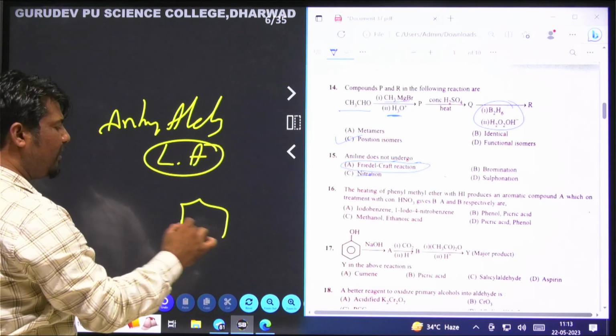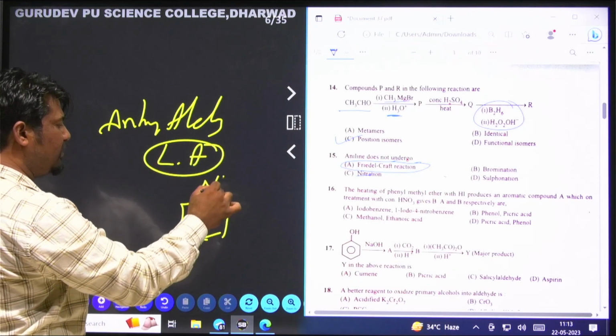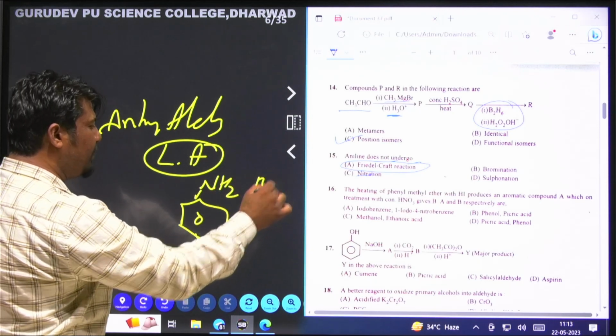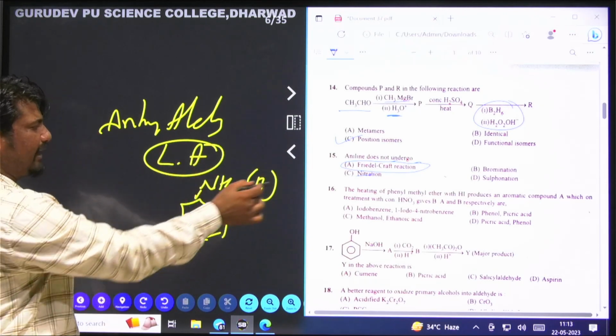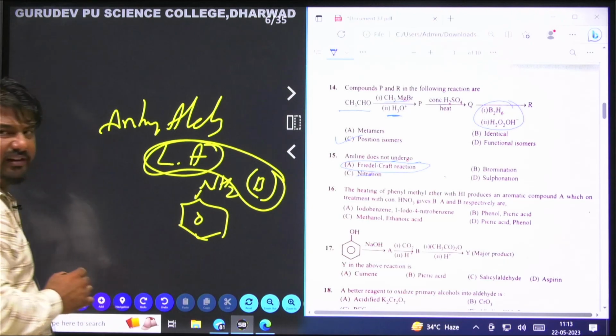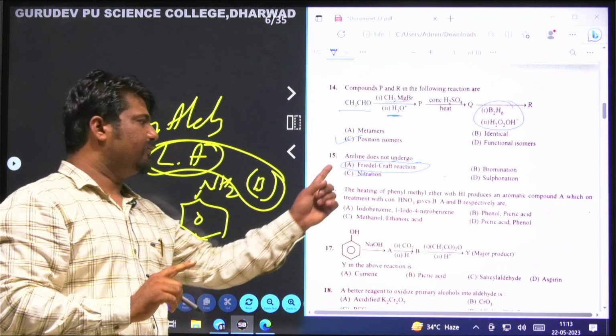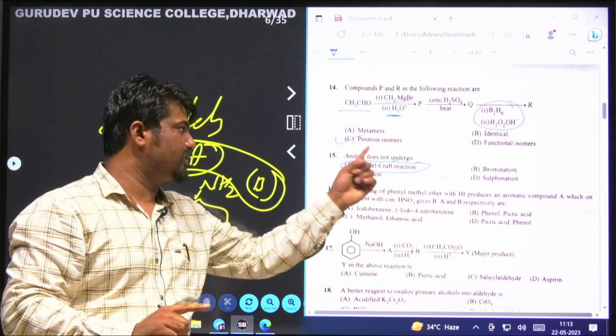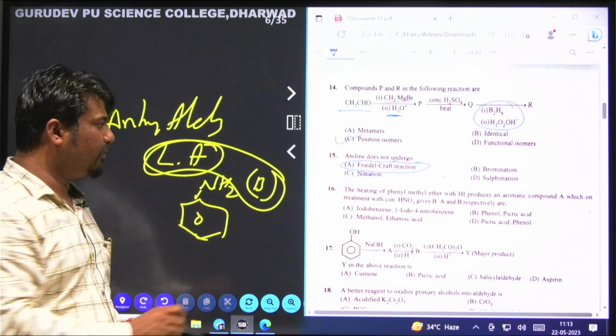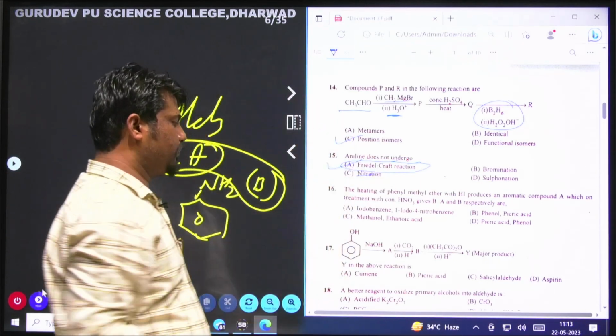But in aniline we have NH2, which acts as a weak base. When both react, the Lewis acid and base react with each other. That's the reason why Friedel-Crafts reactions will not take place with aniline. So the answer is A.